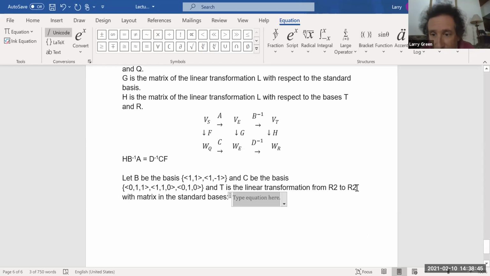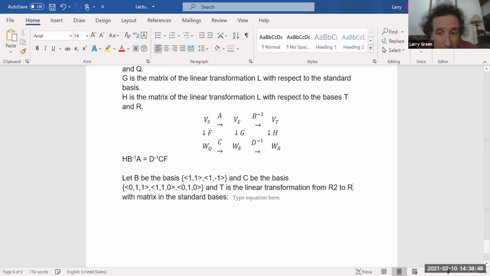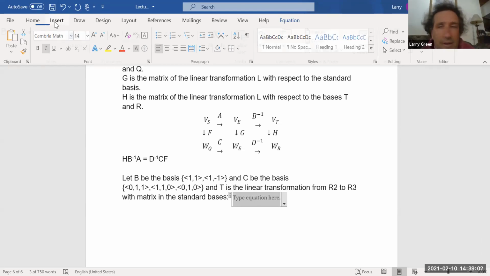Oh wait, R2 to R3. Sorry about that. And if you're going from R2 to R3, that means there's 3 rows, 2 columns. So it takes a moment to make them happen.